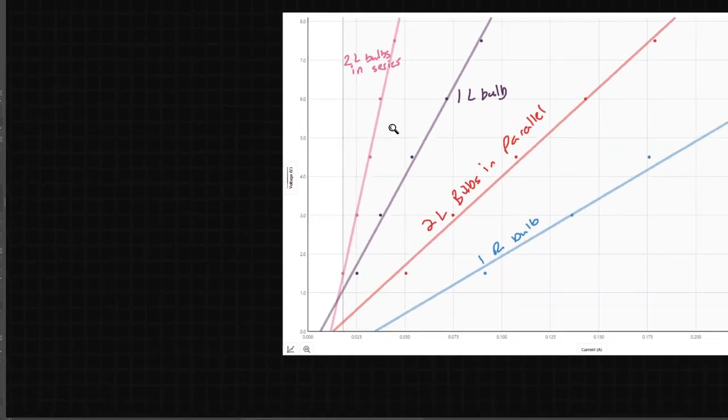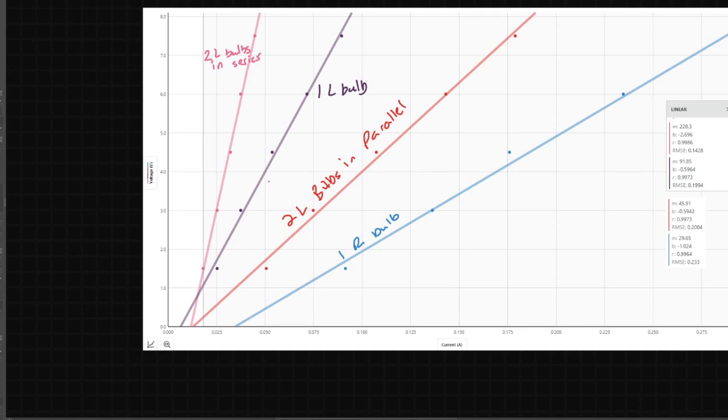And I bet some of you already can tell what's going on here. Why would this 2 long bulbs in series have by far the steepest line? Let's think about what that means. In order to get, let's not do a 10th of an amp, in order to get a 20th of an amp, that's 0.05 amps, we would need something like 9 volts to get it through 2 long bulbs in series.